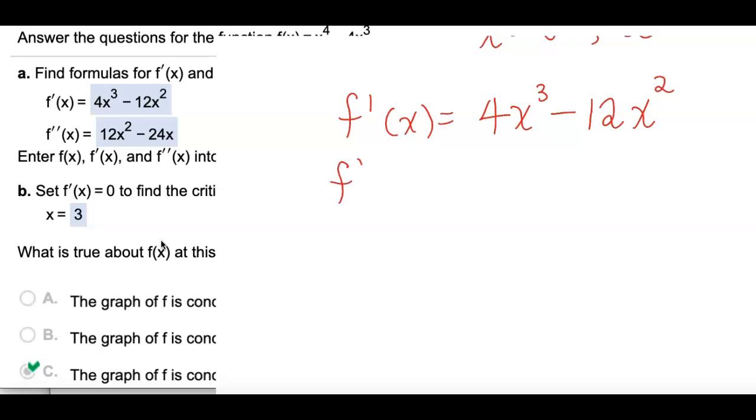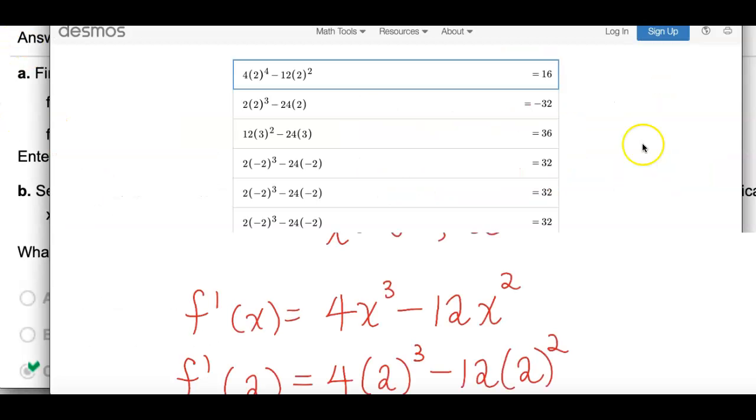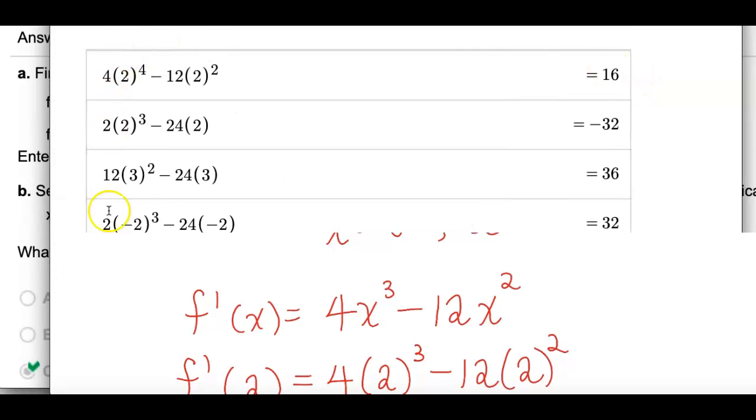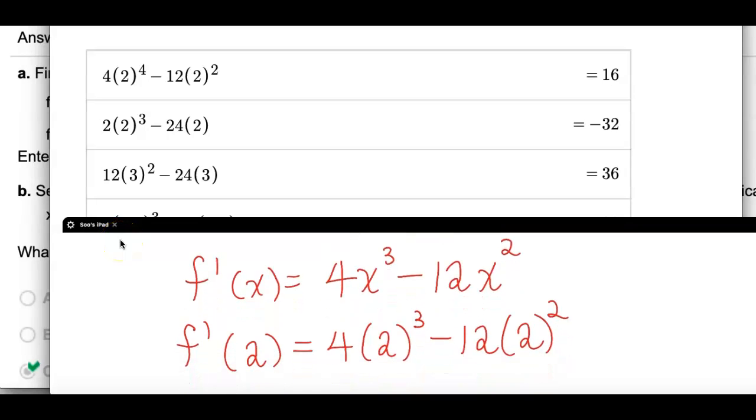What is f prime of 2? That is 4 times 2 cubed minus 12 times 2 squared. Let's type this into a scientific calculator. Take a look at the top line of my Desmos scientific calculator. I typed in that expression right there to evaluate the function.